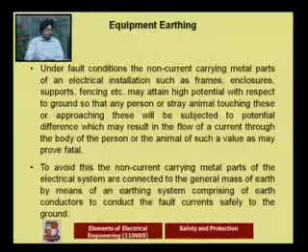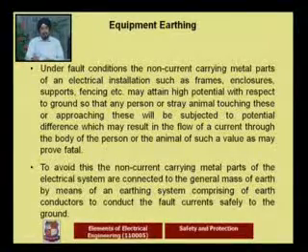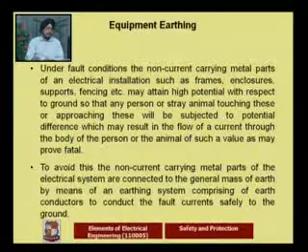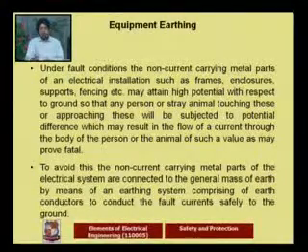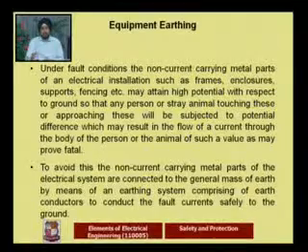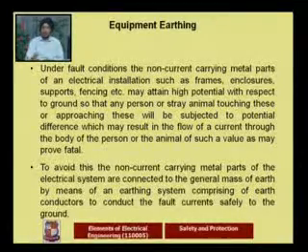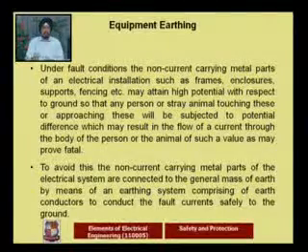Equipment grounding. Under fault conditions, the non-current carrying parts of the electrical installation, such as frames, machine enclosures, supports, or in the case of substations or industries, fencings, can also attain a high potential with respect to ground.